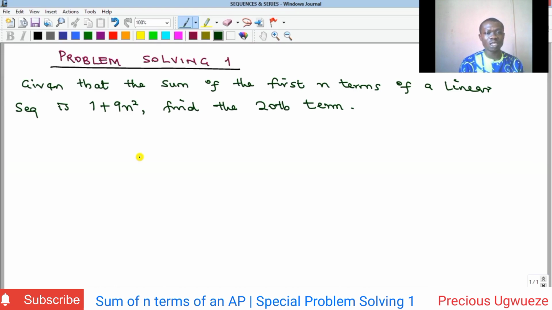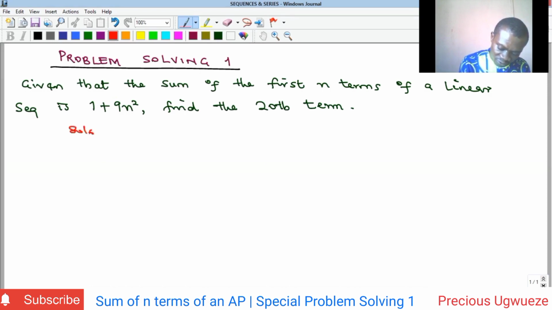We just concluded our lesson on the sum of the first n terms of an arithmetic progression. And so this is an example. It says that we are given the sum of the first n terms of a linear sequence. Remember, I said a linear sequence is also called the arithmetic progression. It is given as 1 plus 9n squared.